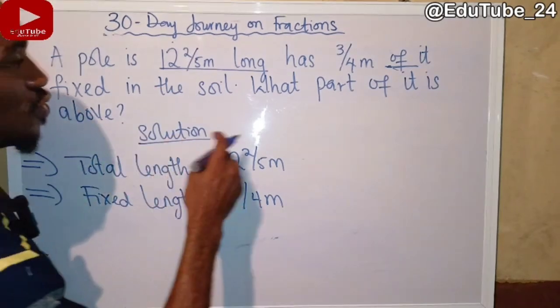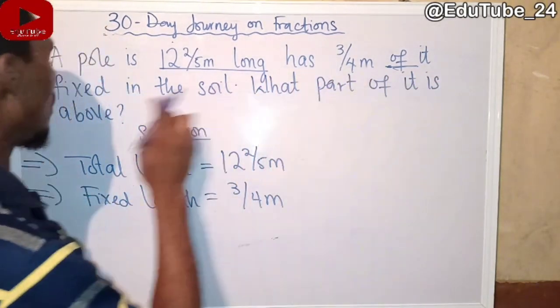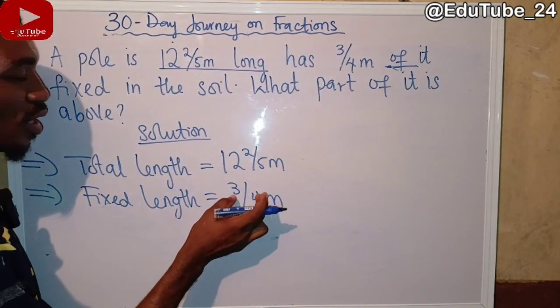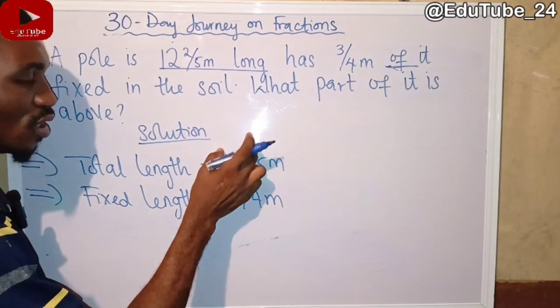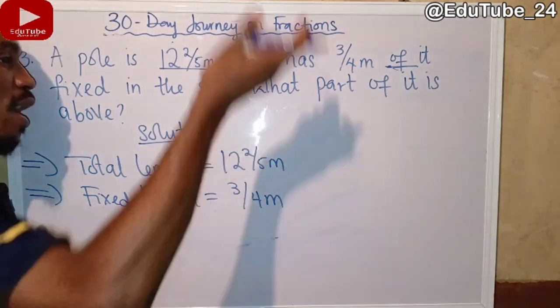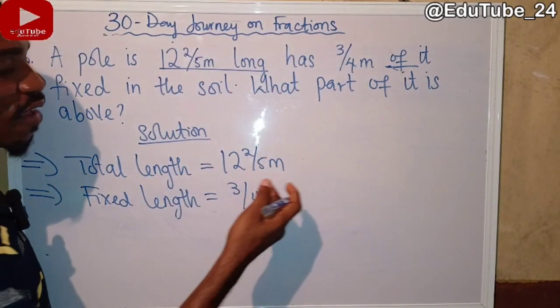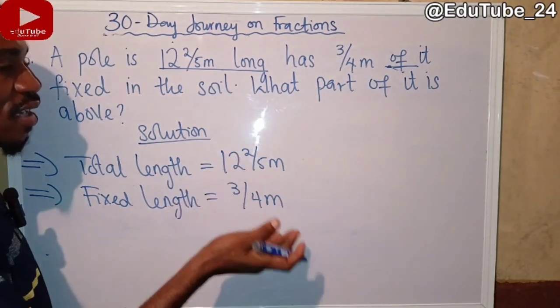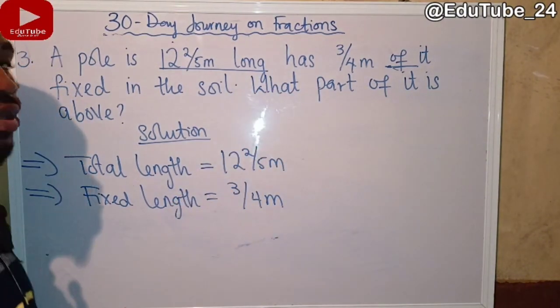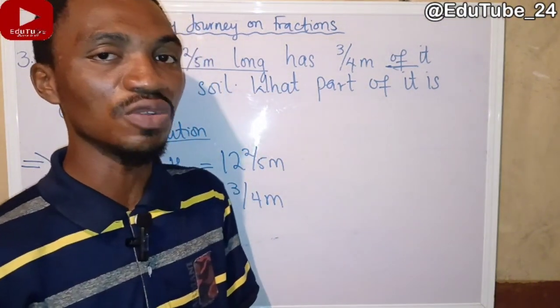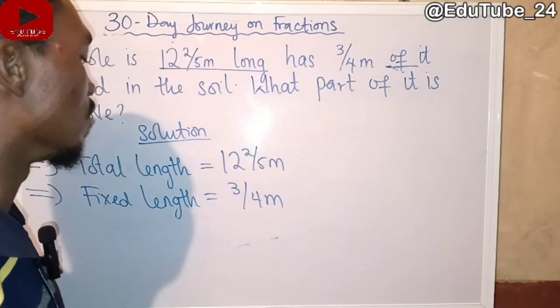And then the main question says, what part of it is above? That means if this part of this pole is fixed in the soil, then what part is above? They are asking us to find the remaining part that is above the soil. And in mathematics, whenever we hear about remaining, that simply means subtraction.